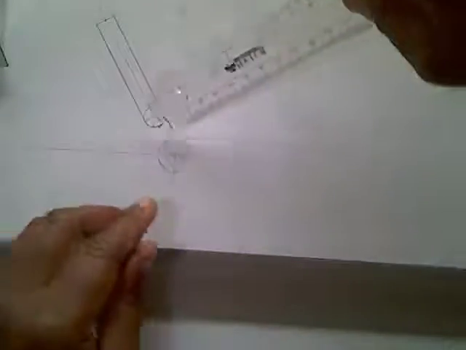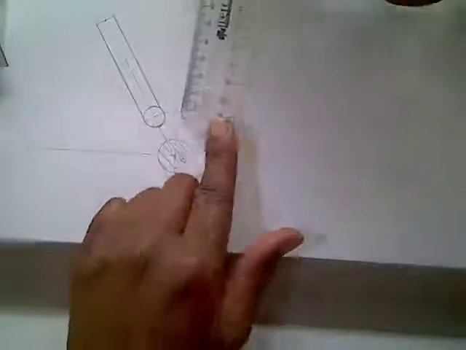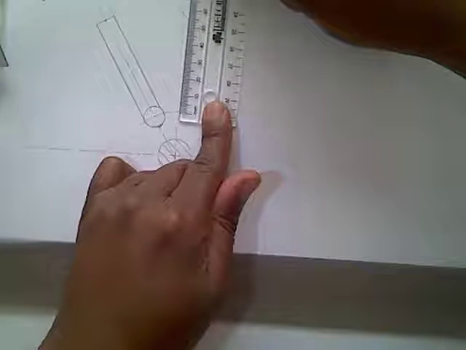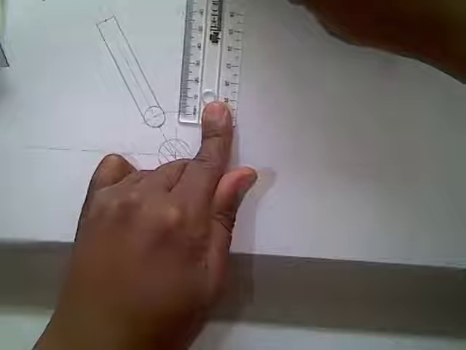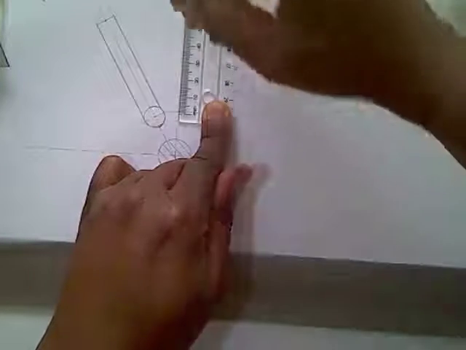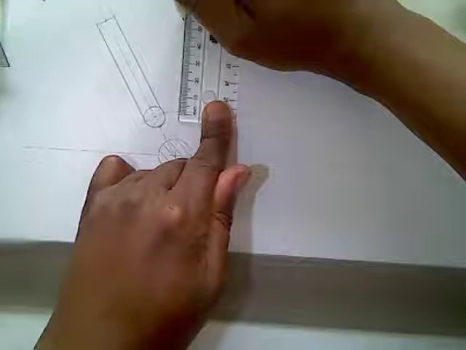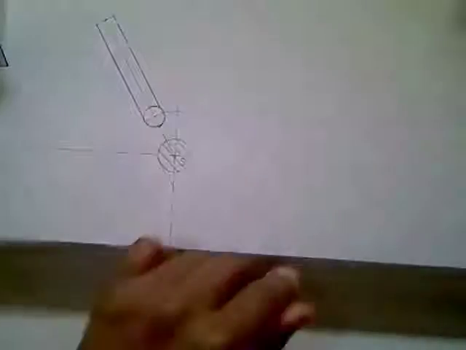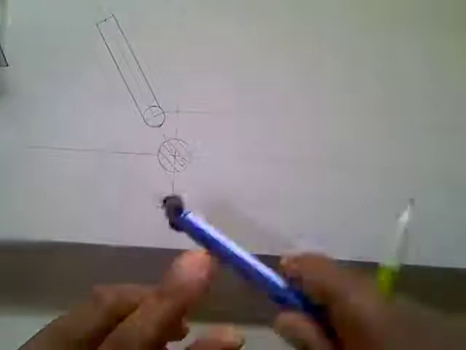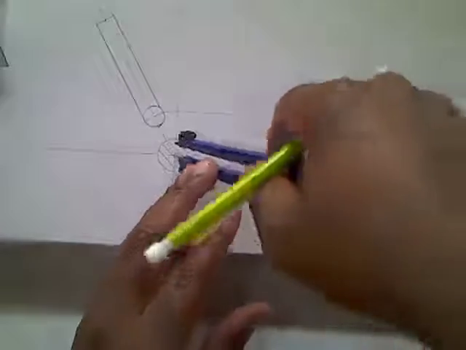So it will be displaced 55 millimeters, which means here I can measure 55 millimeters. Here I'll measure 55. There is my 55 millimeters. This is what I will do.